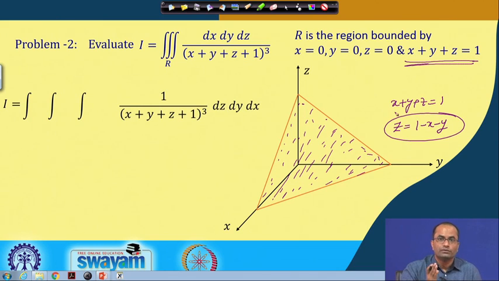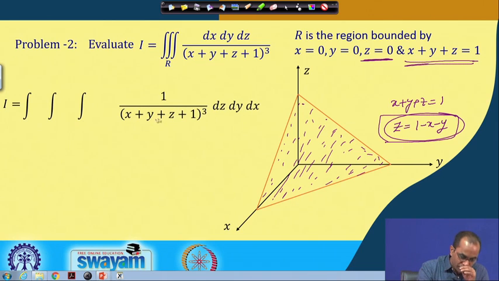So, we are entering into this 3-dimensional space, this volume, through z equal to 0, because that is the plane we have as the xy plane. So, we are entering through this xy plane and then leaving the domain always from the plane given by x plus y plus z is equal to 1. That means there z is 1 minus x minus y.